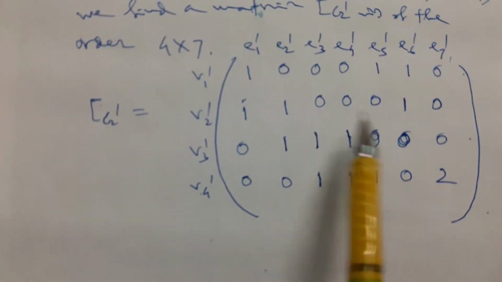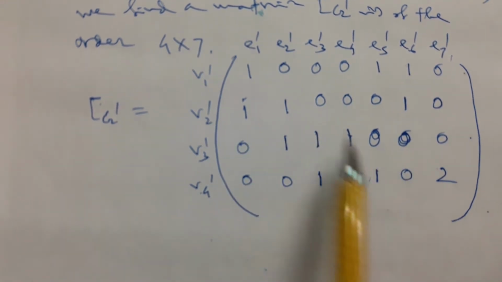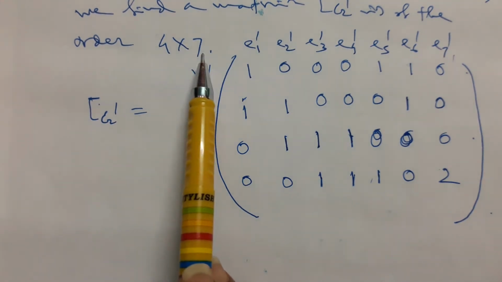So finally we find this matrix, the incidence matrix, of order 4 by 7.